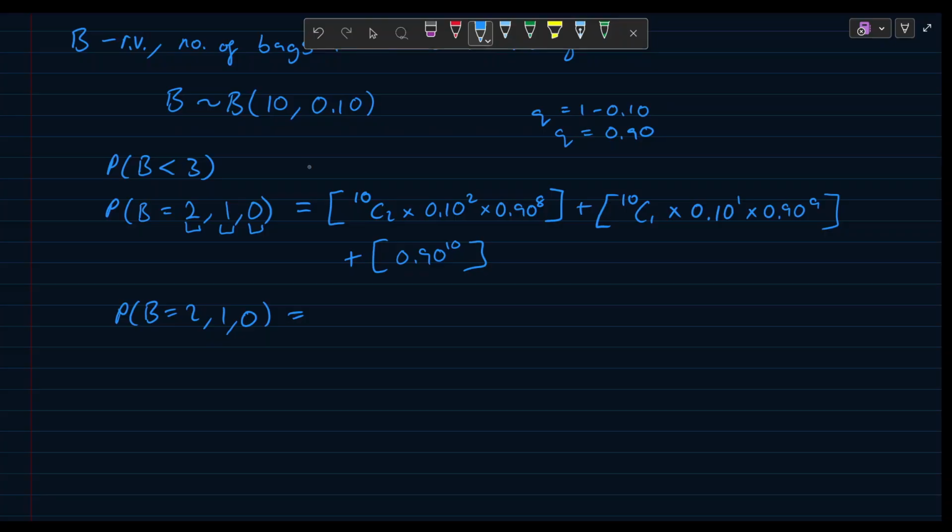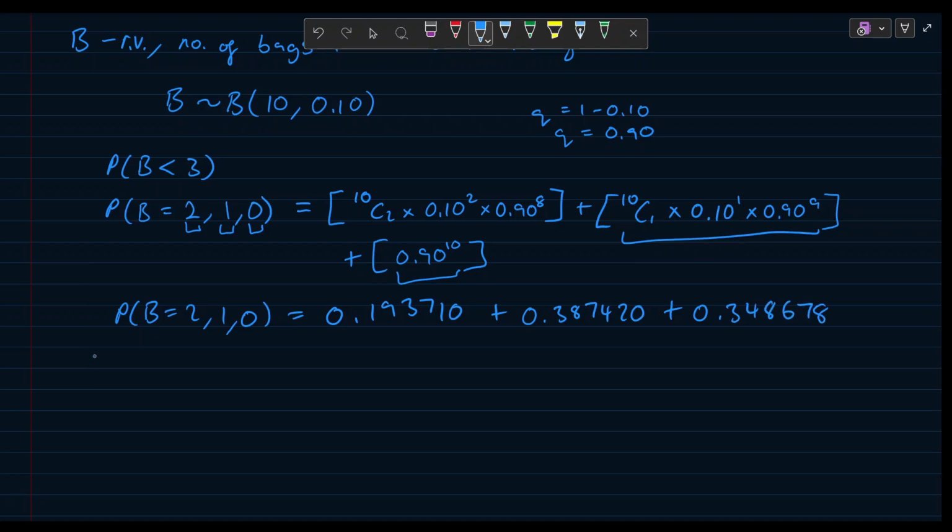That's going to be 10 choose 2, multiplied by 0.10 squared times 0.9 to the power 8, and that gives us 0.193710 plus, let's do B is 1, so 10 choose 1, multiplied by 0.1 to the power 1 times 0.9 to the power 9, and that gives us 0.387420, and then let's do B is 0, so that's 0.90 to the power 10, and that gives us 0.348678.